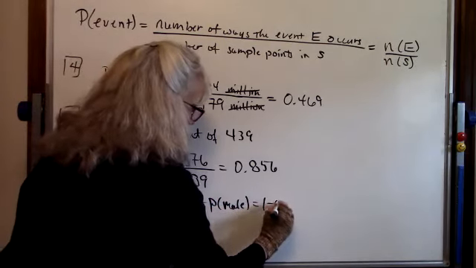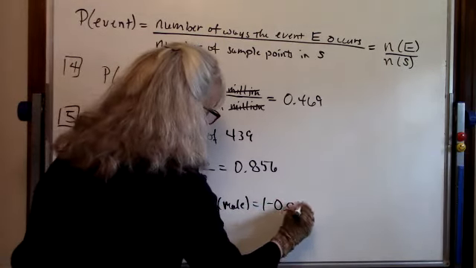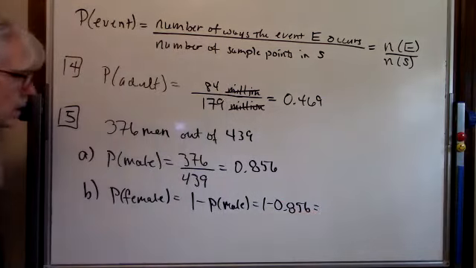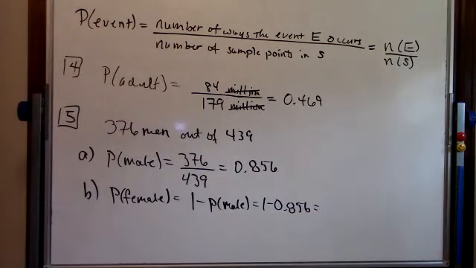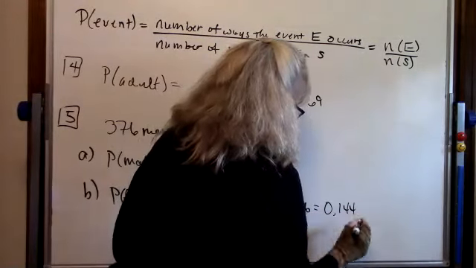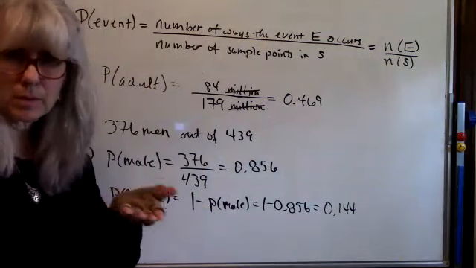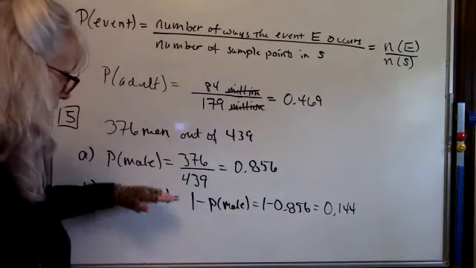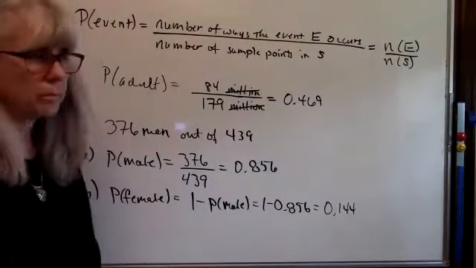So we'll do 1 minus 0.856 to figure out the probability that the person killed by lightning is a female. And that comes out to be 0.144. So for the first time, we can truly see the idea of the complementary events, right? You're either male or female in the outcomes here, and they're complementary.